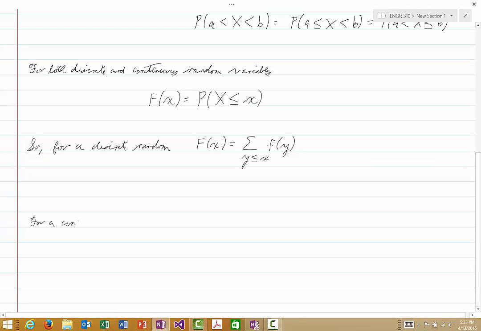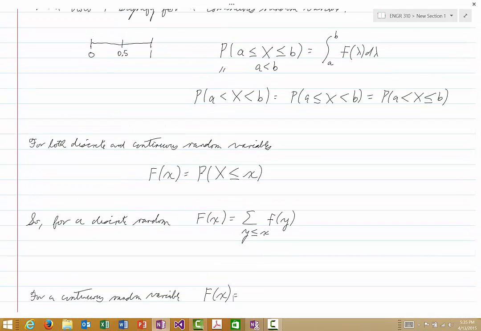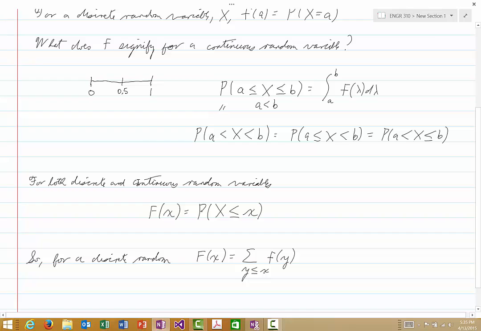Well, for a continuous random variable, remember that we saw above that the meaning of the density function is that the probability that the random variable is between a and b is simply the integral from a to b of the density function.